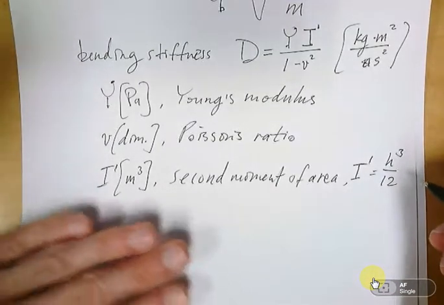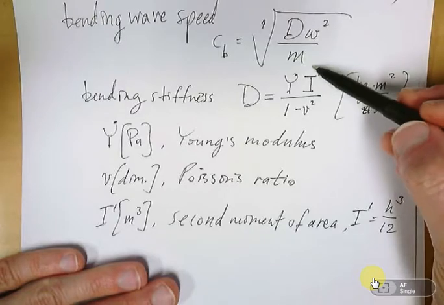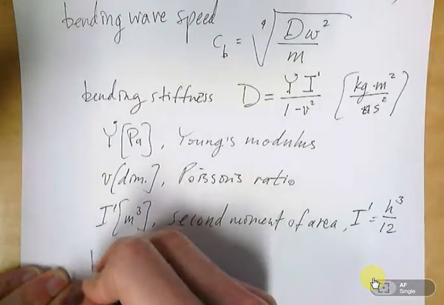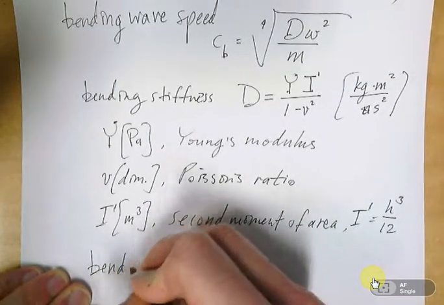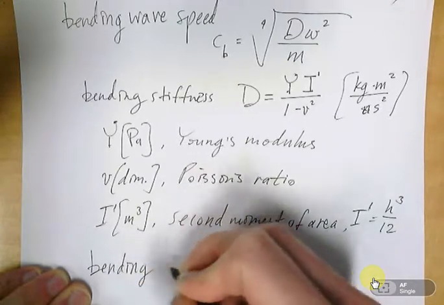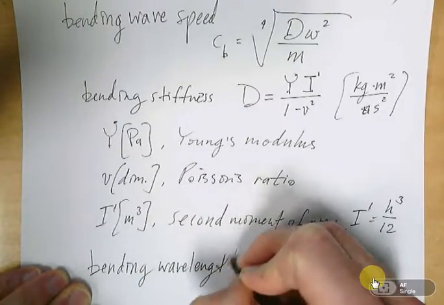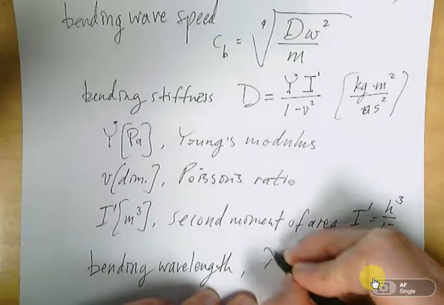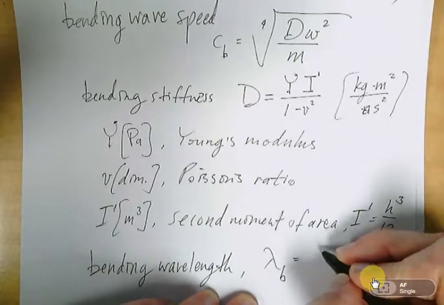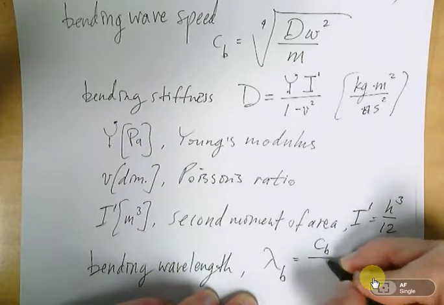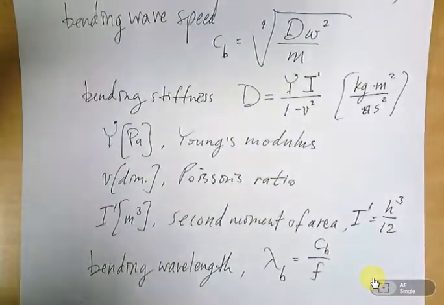So knowing a bending wave speed, we can define a bending wavelength as lambda b is Cb on whatever the frequency in hertz is that we're considering.